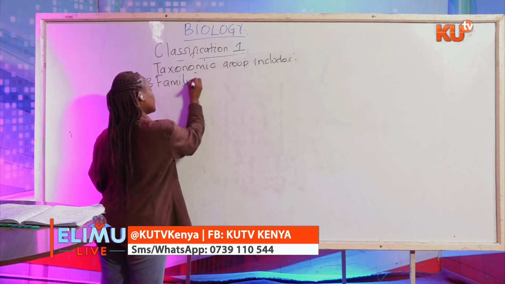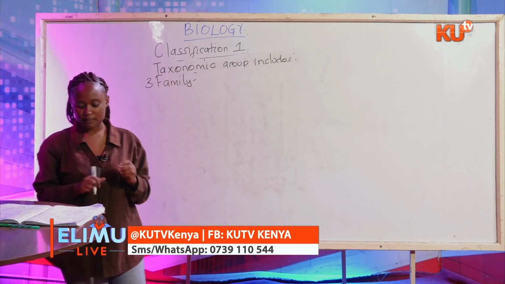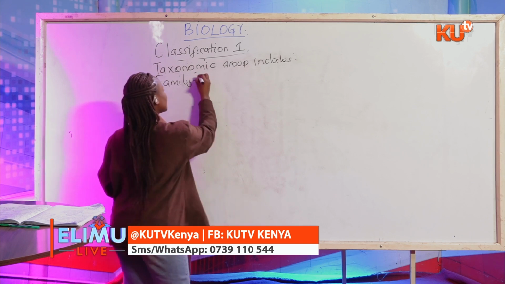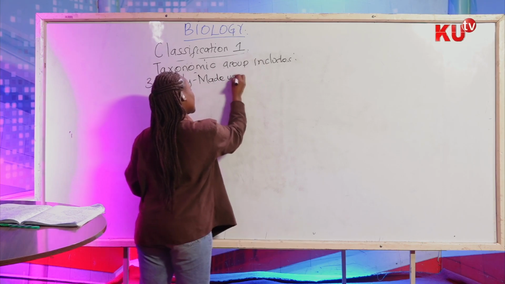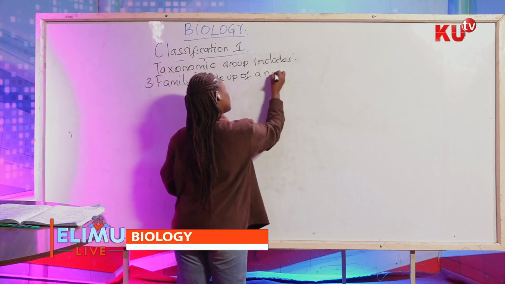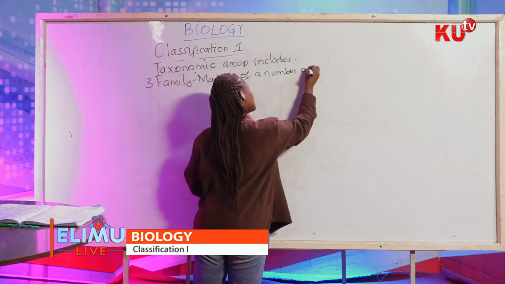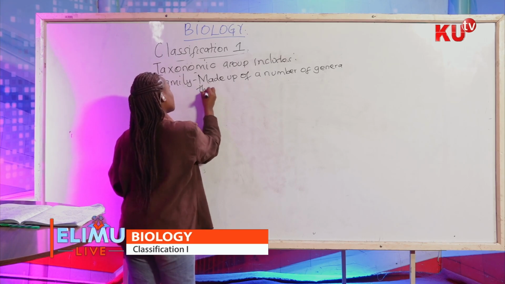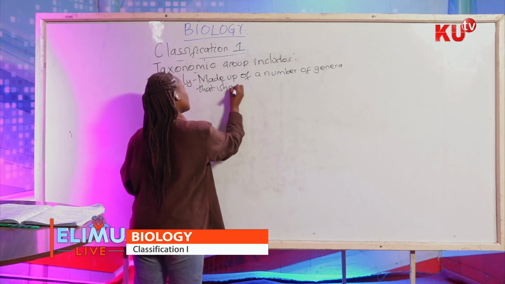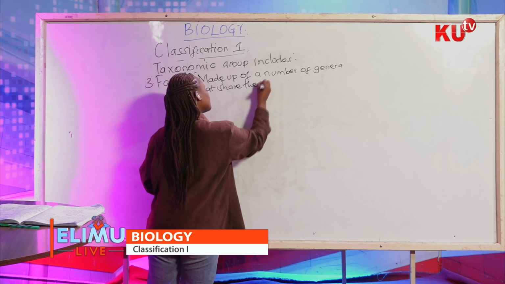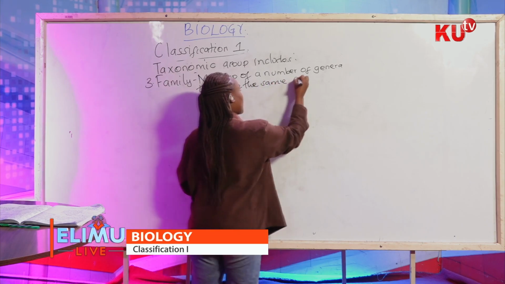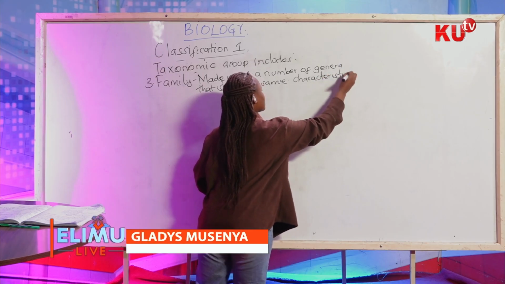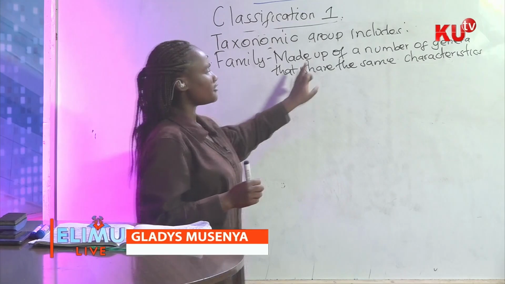Family. So family is made up of a number of genera that share several characteristics. Family is made up of a number of genera.